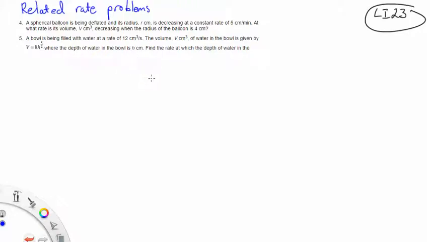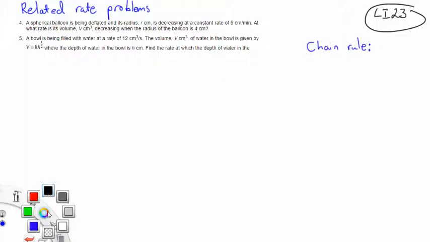It's just an application of the chain rule. If you know the chain rule, you can do related rate problems. So I'm going to put a note over here of the chain rule, so we remember it.